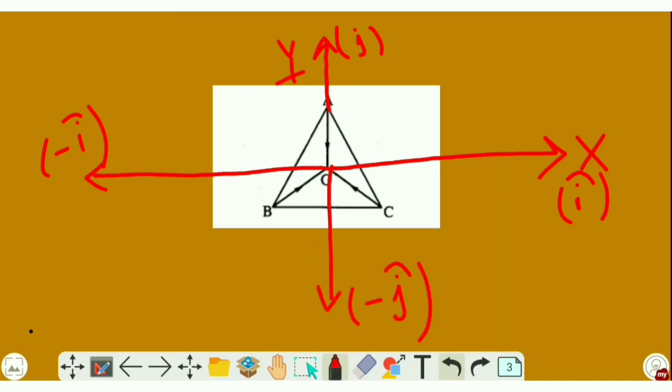Now from point A to G the velocity is v vector, and the whole velocity is directed along minus j cap.